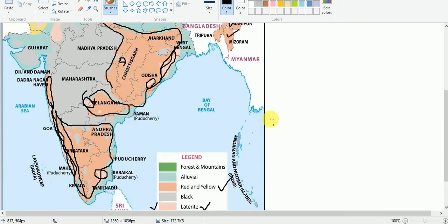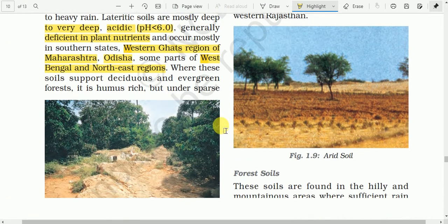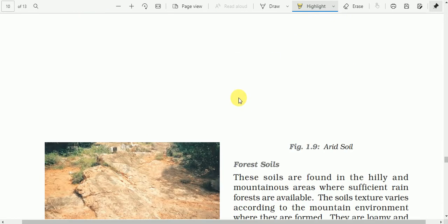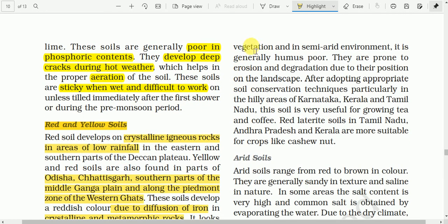So these are the areas of laterite soils, where these soils support deciduous and evergreen forests, and are humus rich. But under sparse vegetation and in the semi-arid environment, the humus is generally poor.